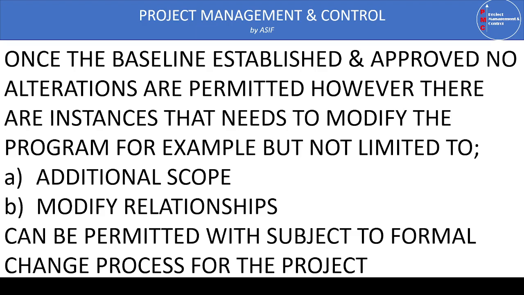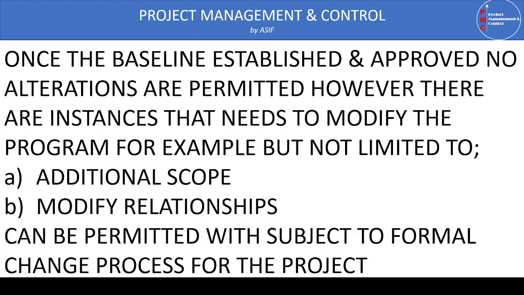So in case of additional scope, we need to add more activities in the program to cater for the additional scope. Similarly, to reflect the current site situation, we sometimes need to modify the project relationships or activity relationships. If we get instruction from the client or engineer to add additional activities or alter the activity relationships, we have to follow the client or engineer's instruction.